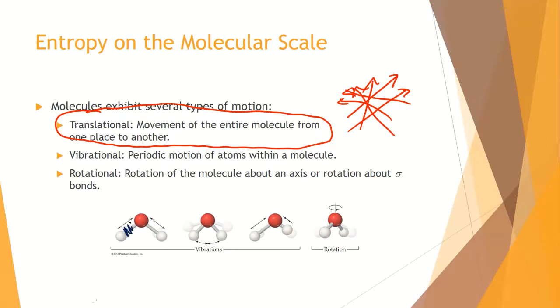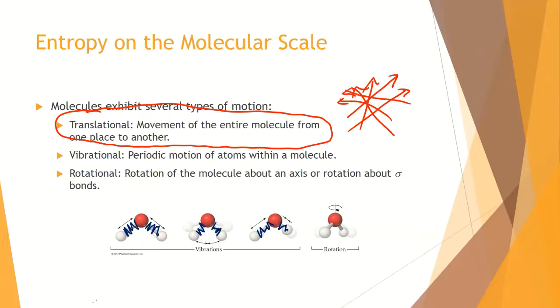If we think about bonds like springs, instead of these rigid ball and sticks, we'll see that these springs can expand and contract, and that will create these different vibrational modes. And so the more bonds that we have in a molecule, the more vibrational modes it would have, the greater its entropy would be.